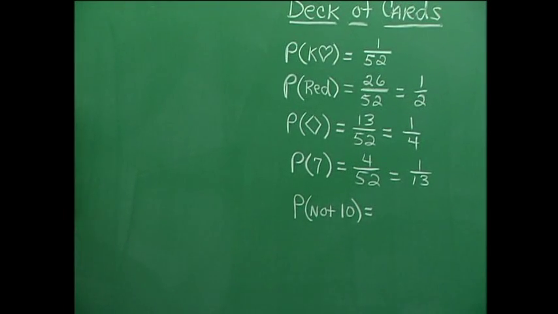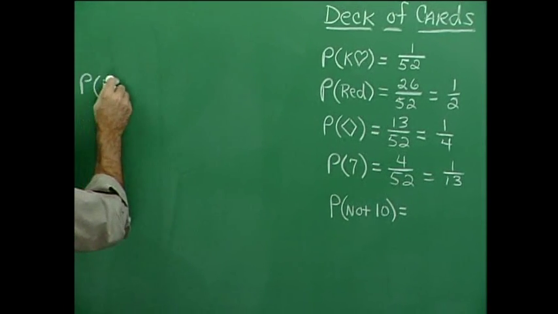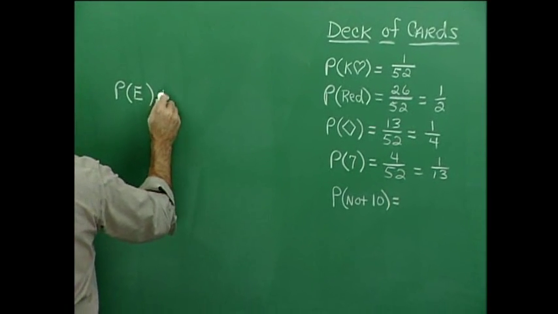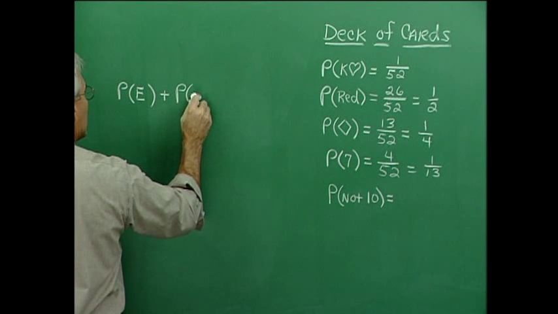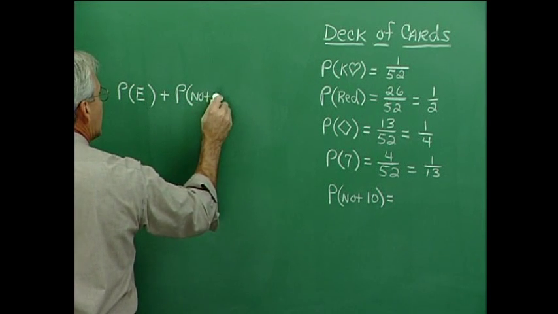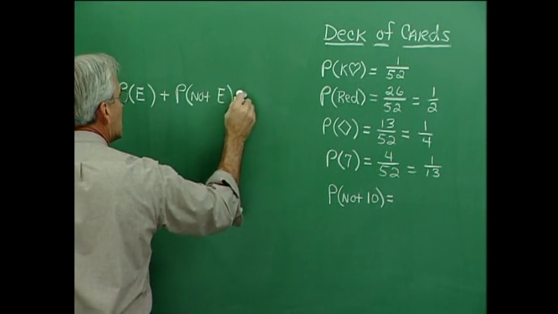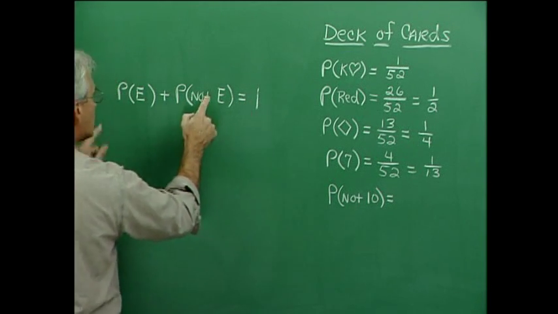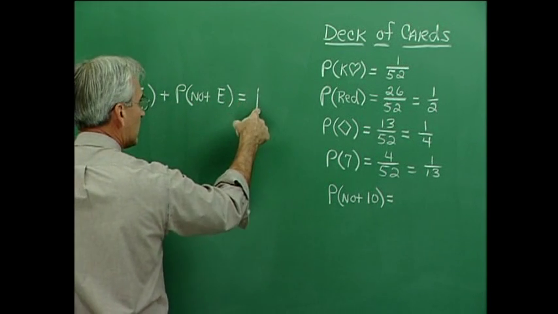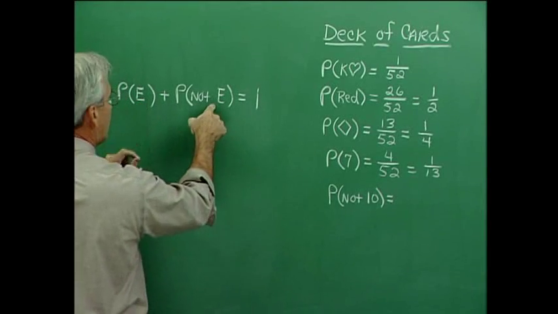That is, the probability of some event plus the probability of not that event occurring is equal to 1. You see, these two probabilities together is equal to 1. It's assured that either this will happen or that.